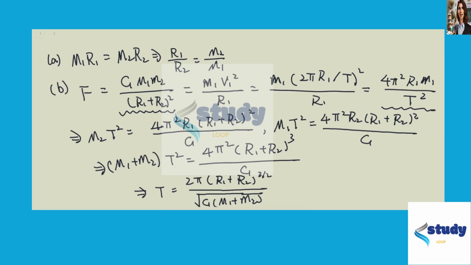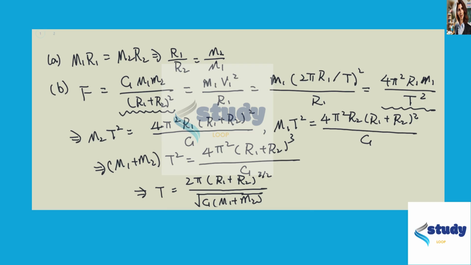So for star 1, we have m1 velocity 1 squared divided by r1. Since the velocity is the circumference divided by the period, we can get the expression of the centripetal force by plugging in here: 4 pi squared r1 m1 divided by the period squared.